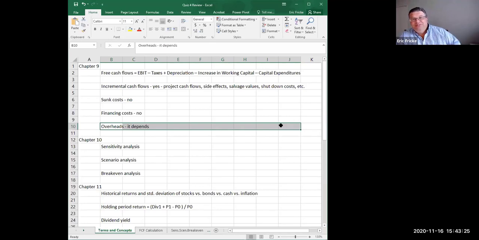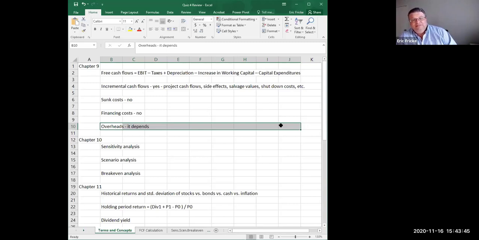And so usually they'll do it as a percent of sales or a percent of some product costing or something like that. And so the reason I say here that it depends whether or not you should include overheads is because I would say for most companies, the default is to include it.